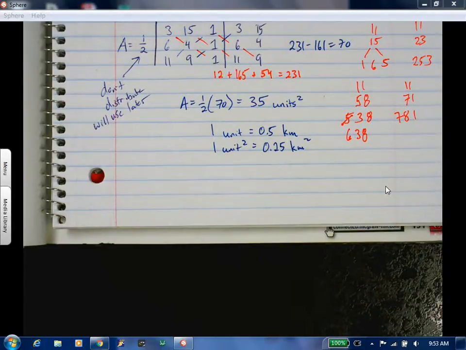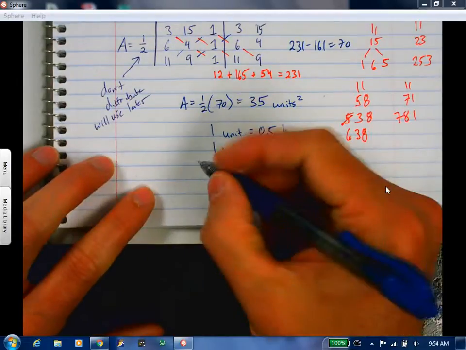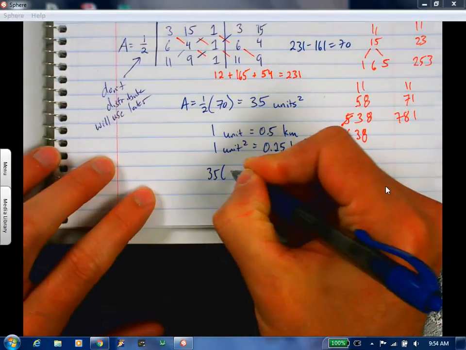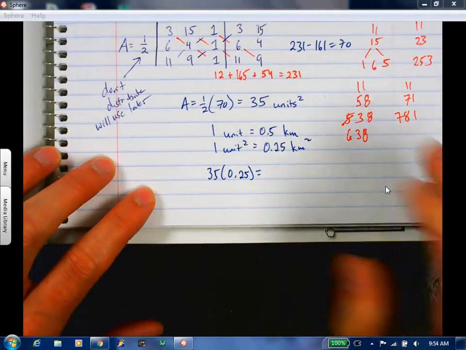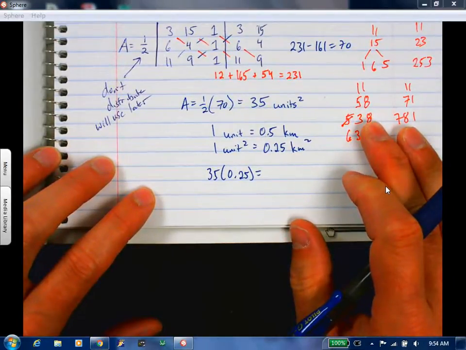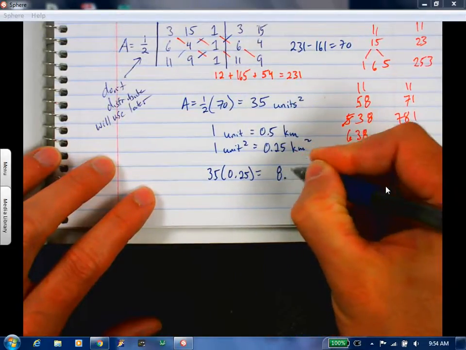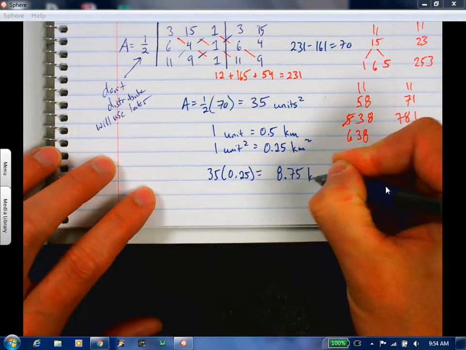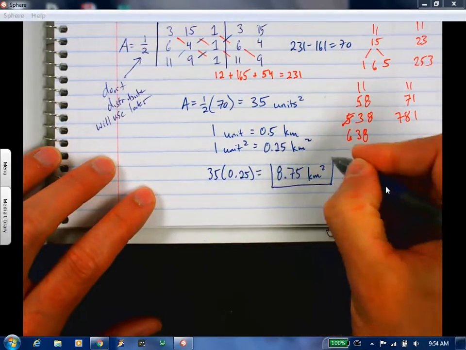Multiply. So if 1 unit is a 1/4 of a kilometer squared, you would multiply 35 by 1/4, and you get 8.75. So their advertising covers 8 3/4 square kilometers.